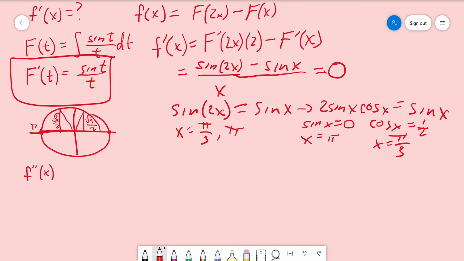F double prime of x is going to be, let's use the quotient rule. The quotient rule says take the denominator, x, multiplied by the derivative of the numerator. So that's going to be cosine of 2x times 2, minus low d high. Okay, and this is still cosine x.